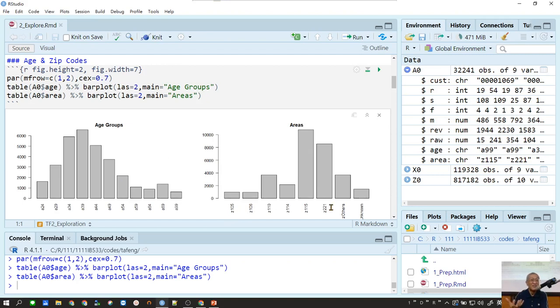You already learned that. The bar plot counts the number for each unique value in area and visualizes it, so you can understand the age distribution of your customer, and the area where your customer comes from.